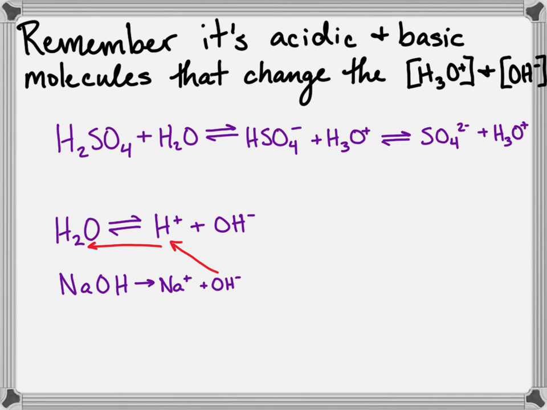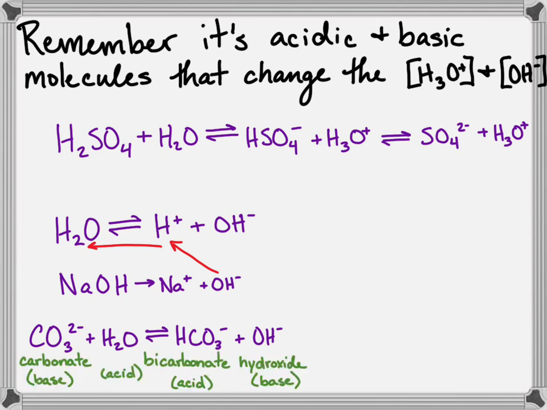And sometimes an ion can act like a base. This is a reaction of carbonate with water to form bicarbonate ions. Here, carbonate acts like the base and takes hydrogen from water, leaving hydroxide ions and bicarbonate ions. Not shown is that the bicarbonate ion can actually take up more hydrogen ions from this aqueous solution and form carbonic acid.